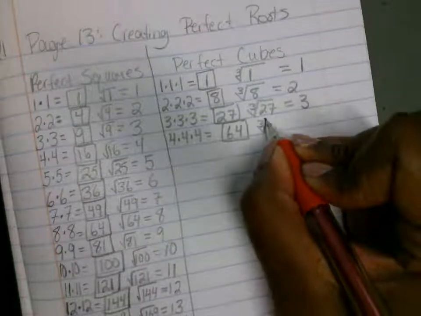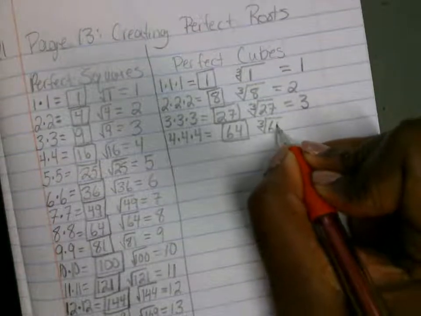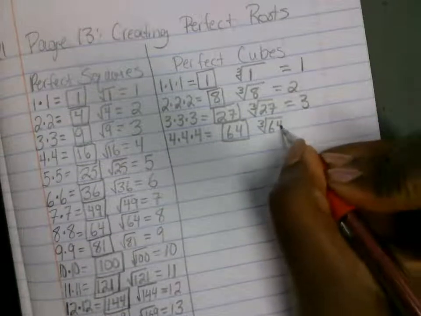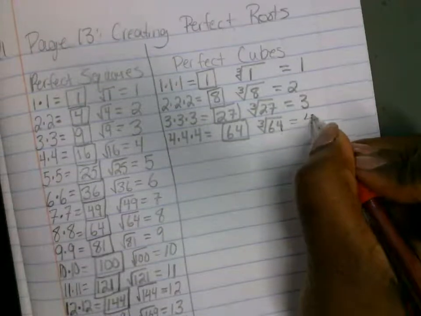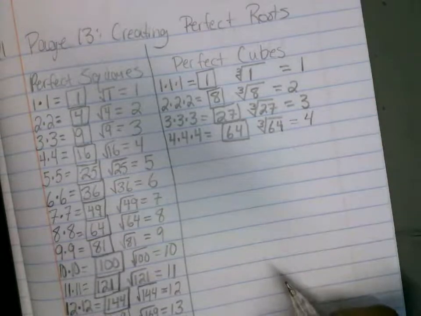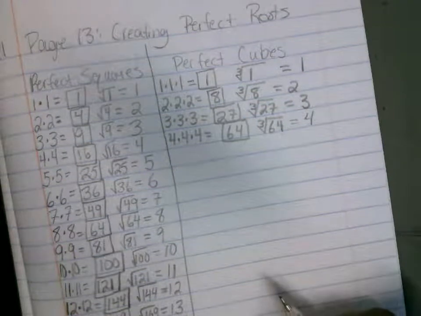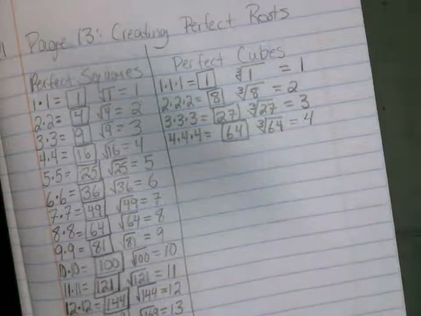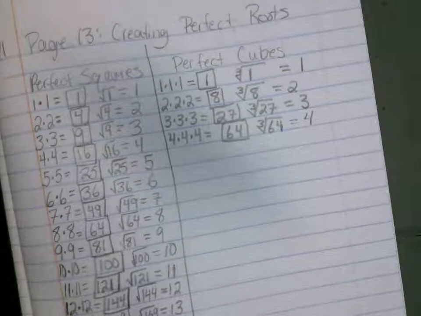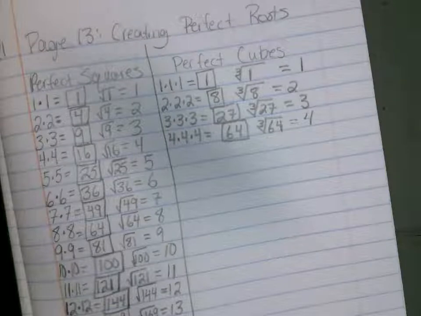Let's find the cube root of 64. 4. Why? Because 4 times itself 3 times is equal to 64. The opposite of cubing a number is cube root. The opposite of cube root is cubing a number. They undo each other.